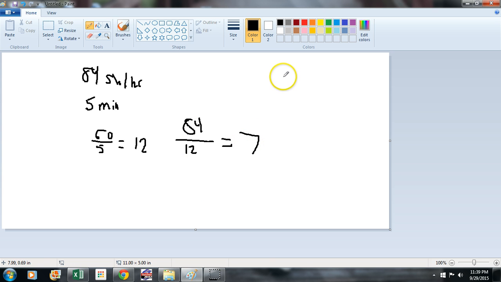So in the hour, every 5 minutes, there's an average of 7 shoppers who are in the checkout line. We do that 7 all the way 12 times, and we get an accumulation of 84 shoppers. And that is our answer.